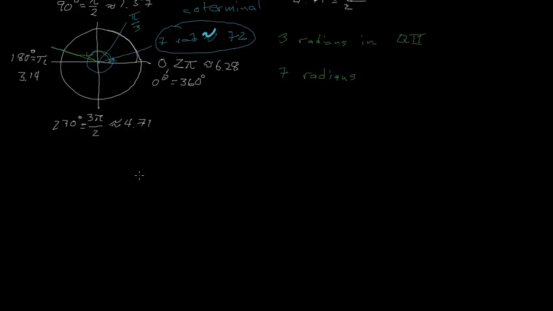So let's start with, say I want to convert from 30 degrees. We're going to write that as 30 degrees, and I want to know what that is in terms of radians. How many radians is that?